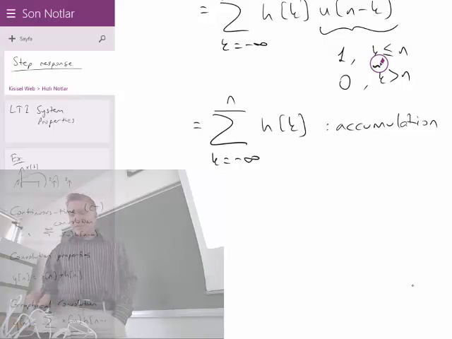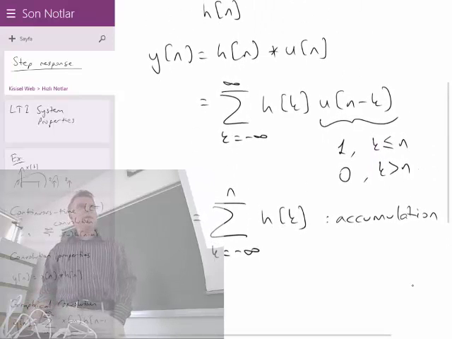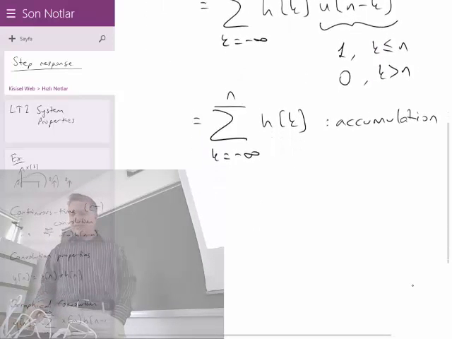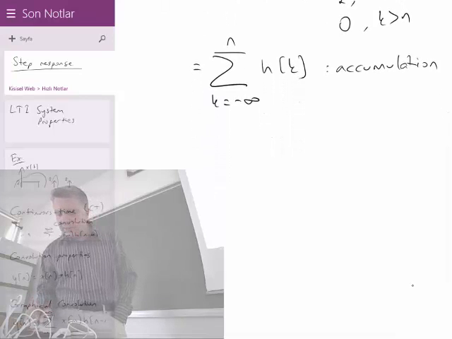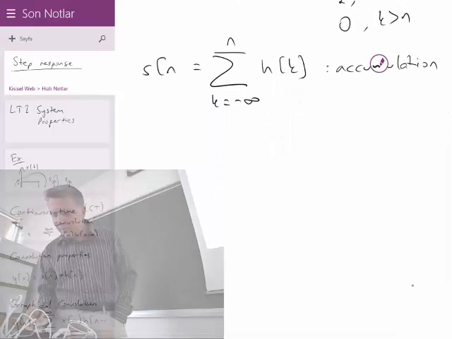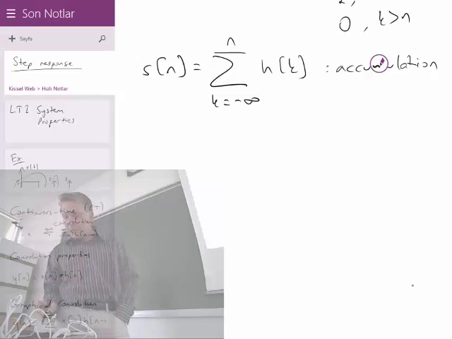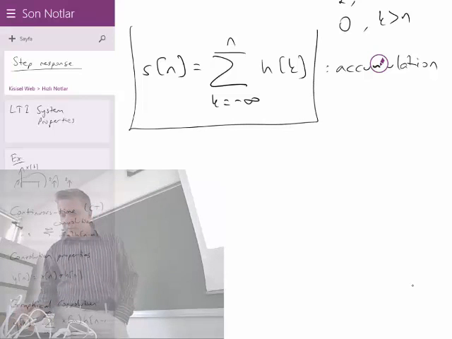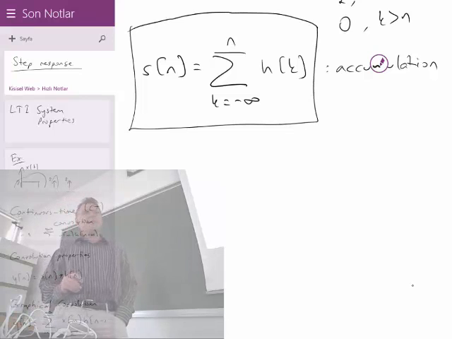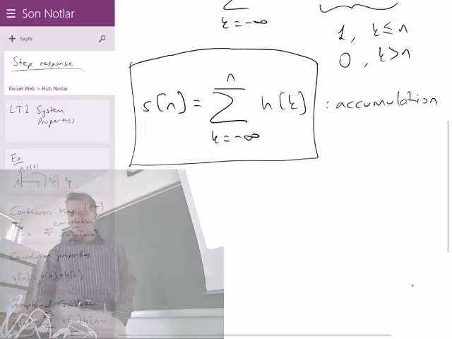The step response I wrote as y previously, but it has a specific name, and we call it s of n. The step response is equal to the integral or the accumulated version of the impulse response. So the relation between the step response and the impulse response is this equation.